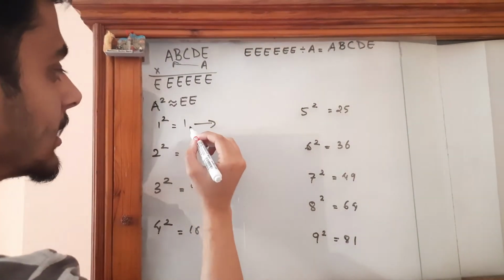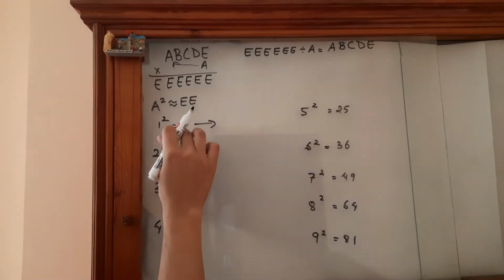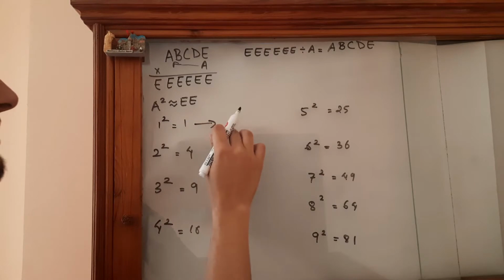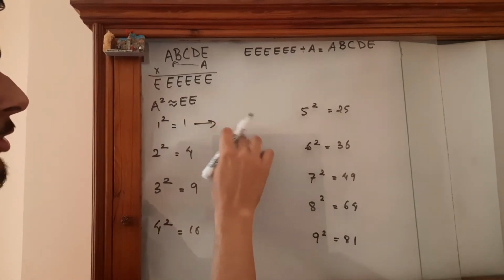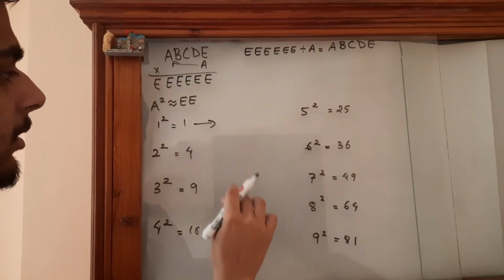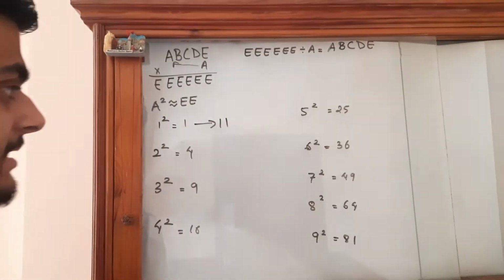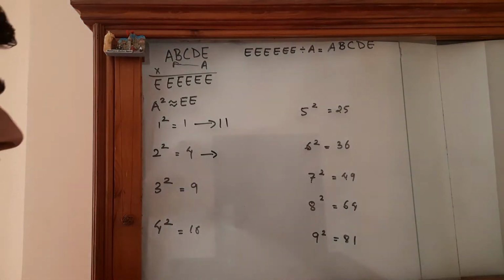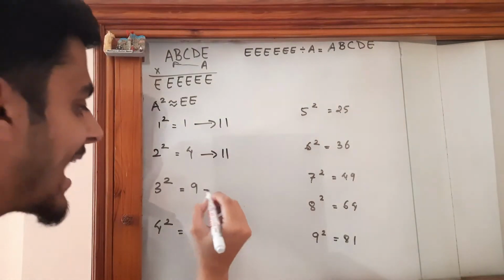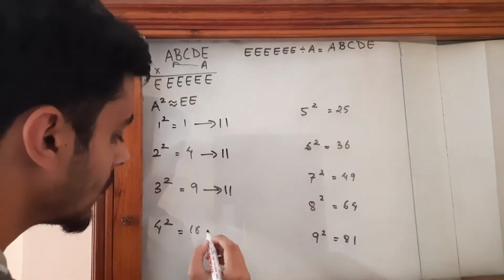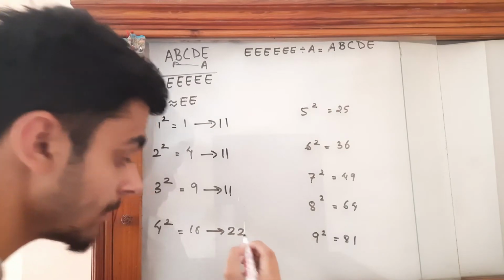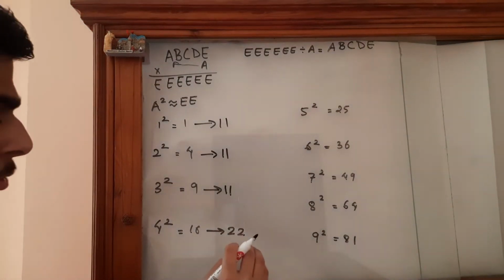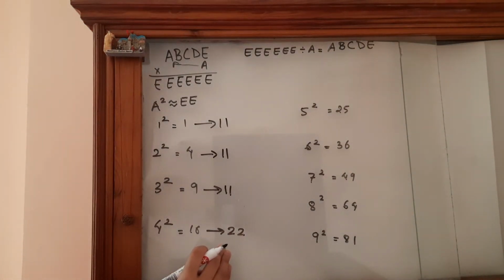So for A square, the number that is the closest to 1 and having both digits the same is of course 11, isn't it? Yes. For 4, it is again 11. For 9, it is again 11. For 16, it is 22, the closest number having the ones and tens places the same.